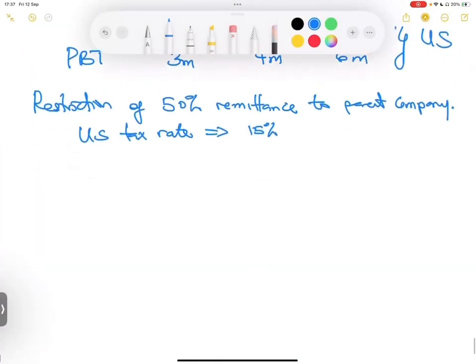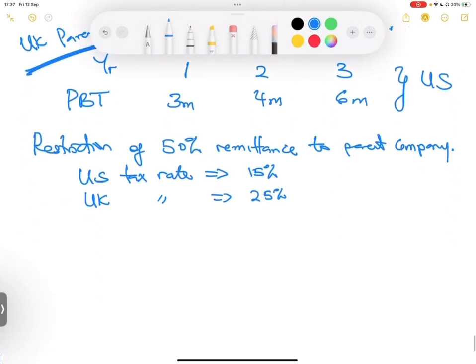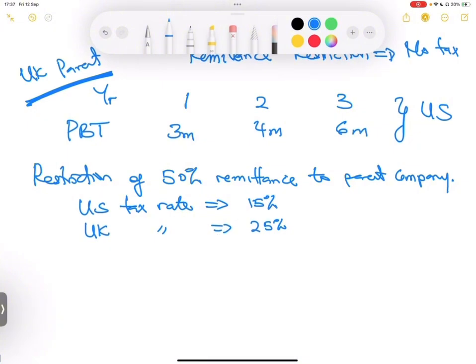The US tax rate is at 15%, and the UK tax rate is at 25%. Remember, the parent is the UK company, which means the focus is in the UK. But this money, remember, is in dollars because it is in the US.